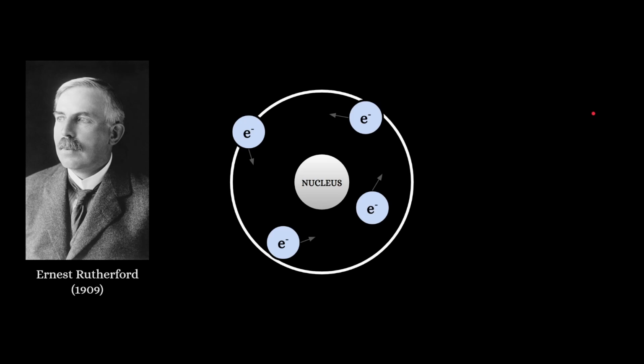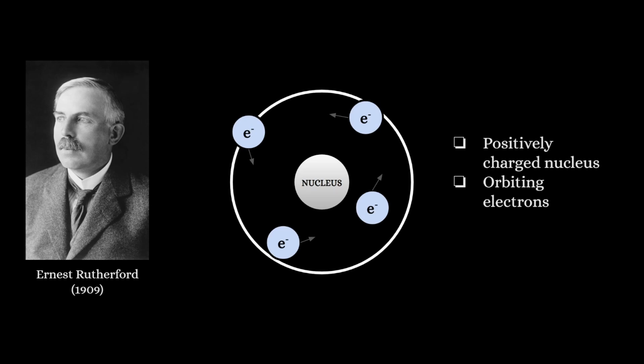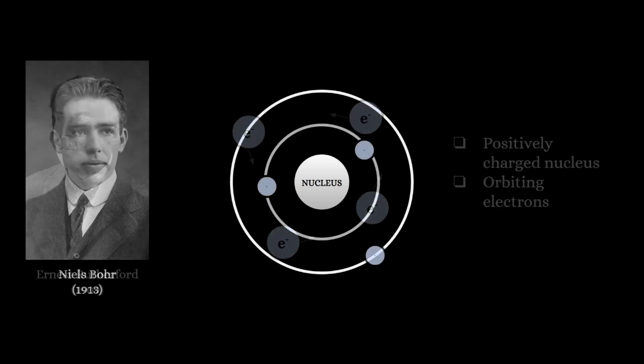Soon after, Ernest Rutherford, a New Zealand physicist, polished up Thomson's positively charged sphere as a nucleus that's at the center of the atom rather than this big ball. And of course, the electrons were just kind of orbiting the nucleus. But Rutherford thought they were just random orbitals.